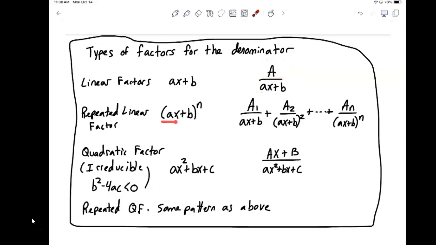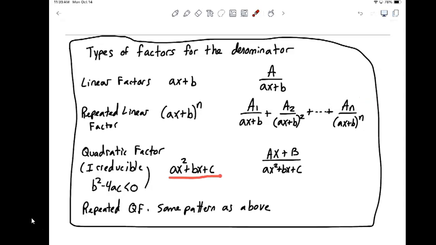If you happen to have a repeated linear factor, like maybe x plus 4 to the third was a factor of your denominator, then you would have a fraction for the first power, a fraction for the second power, and a fraction for the third power. So for each power, you'd have a fraction with, again, some constant over each of those different powers. Okay, that's the setup for that.